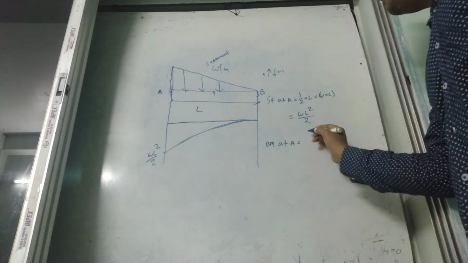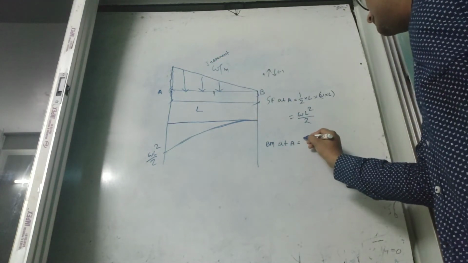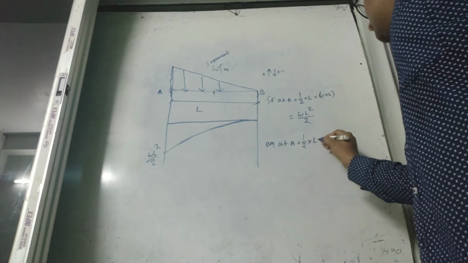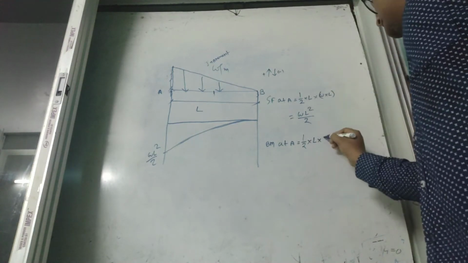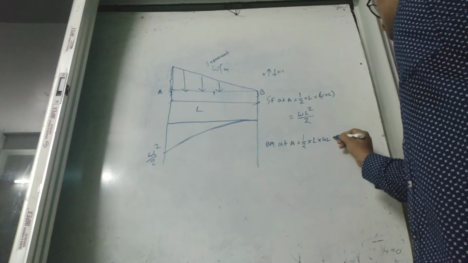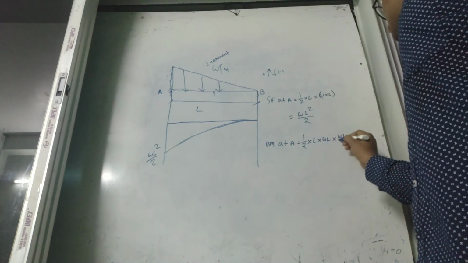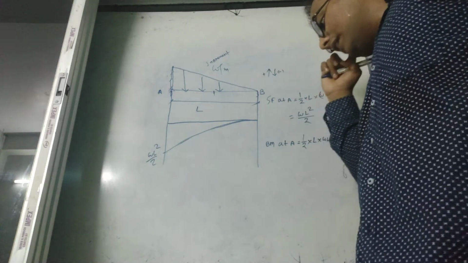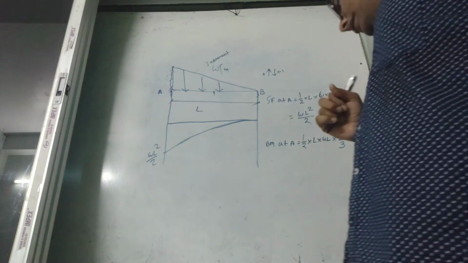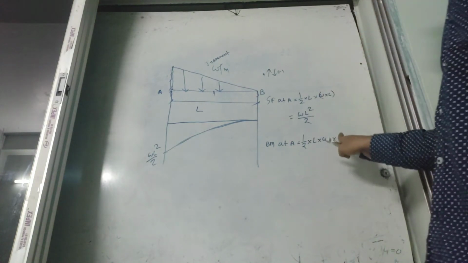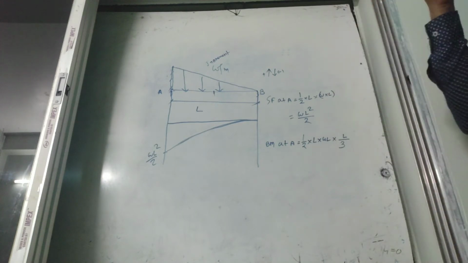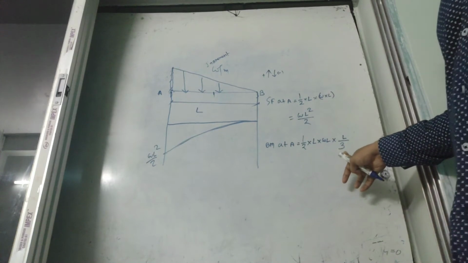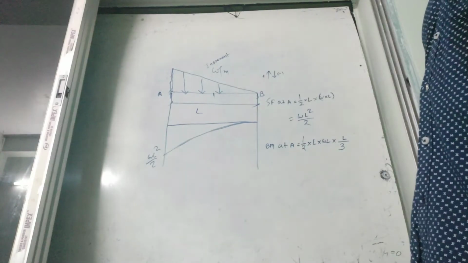So half of that means if we take the total length, then there is half into base into total length WL, into, it will work at one third of the length, L by 3, sorry. In case of point load we go L by 2, but in this case we go for L by 3.